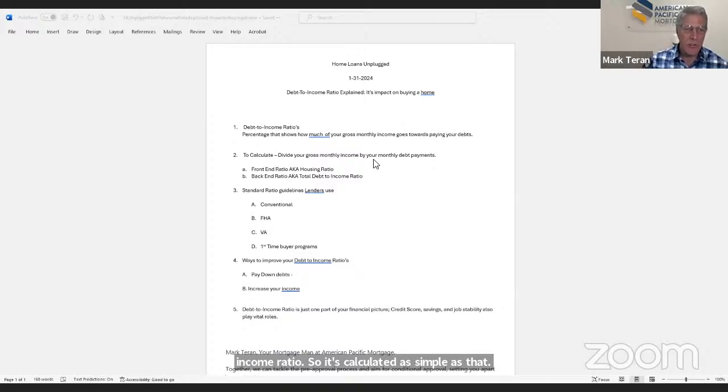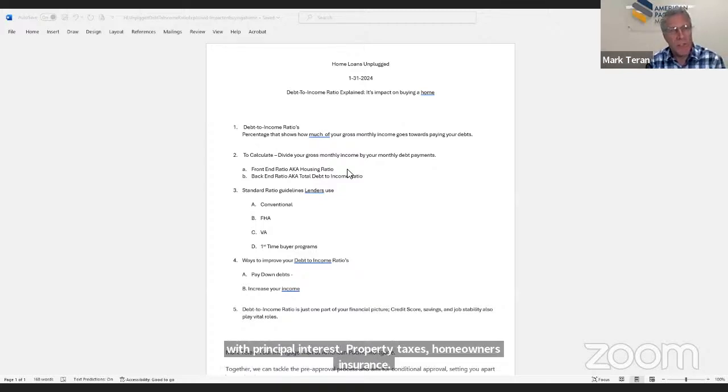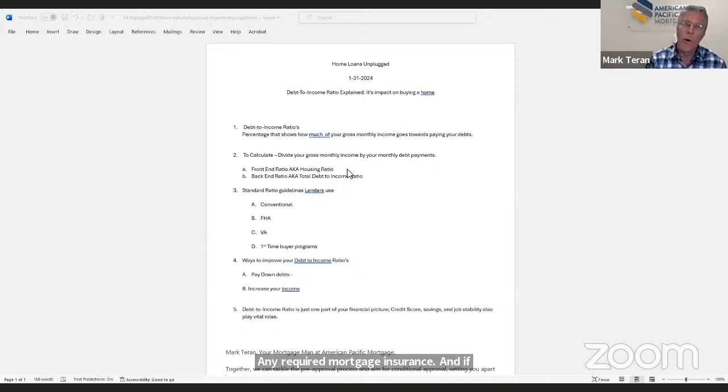And so there's two types. There's what's called a front end ratio, also known as your housing ratio. So in that example, let's just say your house payment with principal and interest, property taxes, homeowners insurance, any required mortgage insurance, and if there were special tax assessments, or if there was a homeowners association dues, all of that would be added up together for your house payment.